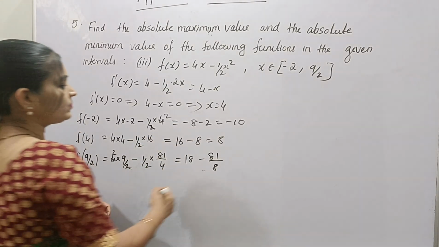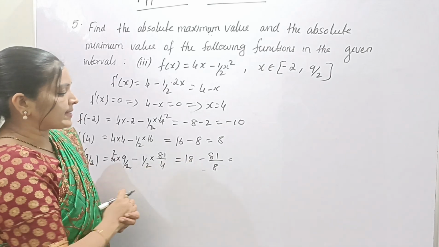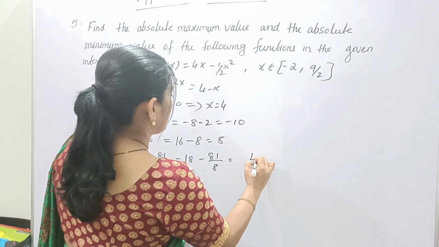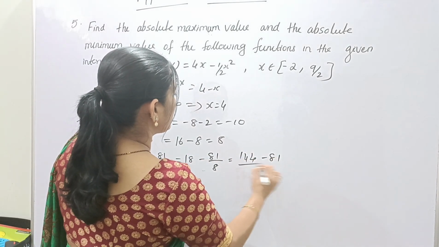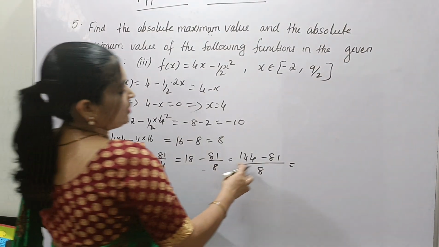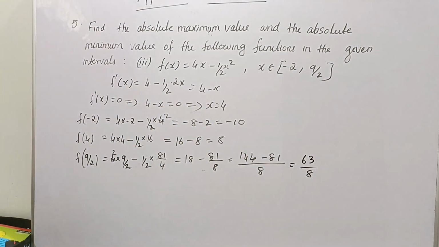Let's take LCM. So 8 is the LCM, so cross multiply, 18 into 8, 144 minus 81 divided by 8, that is equal to 63 divided by 8.